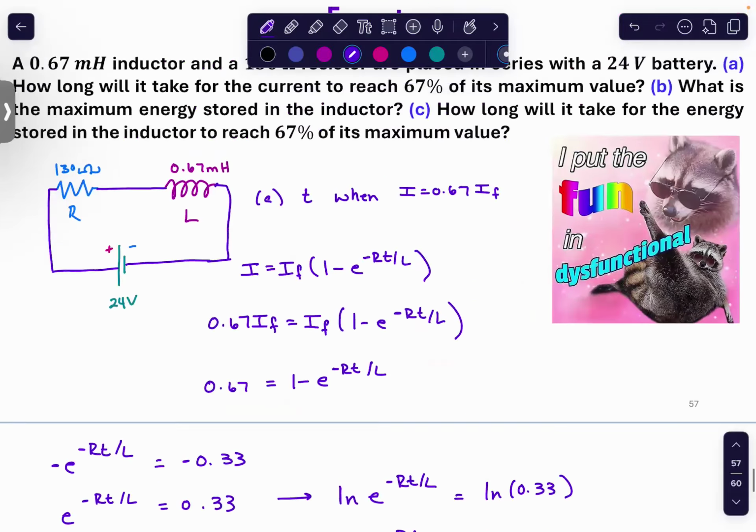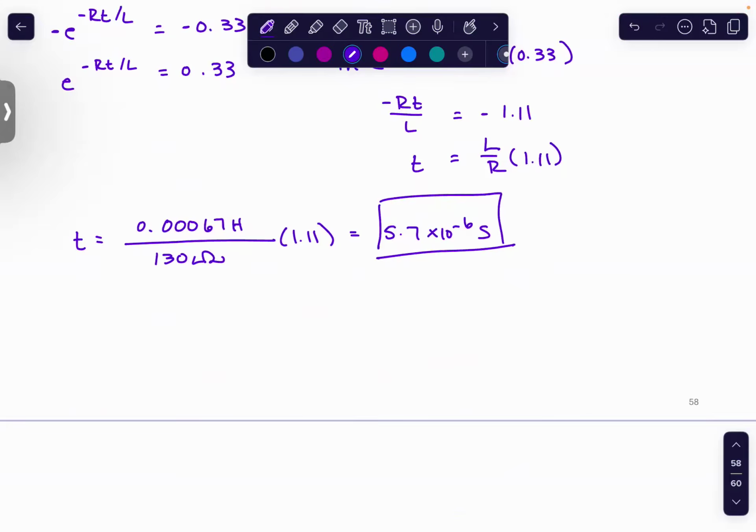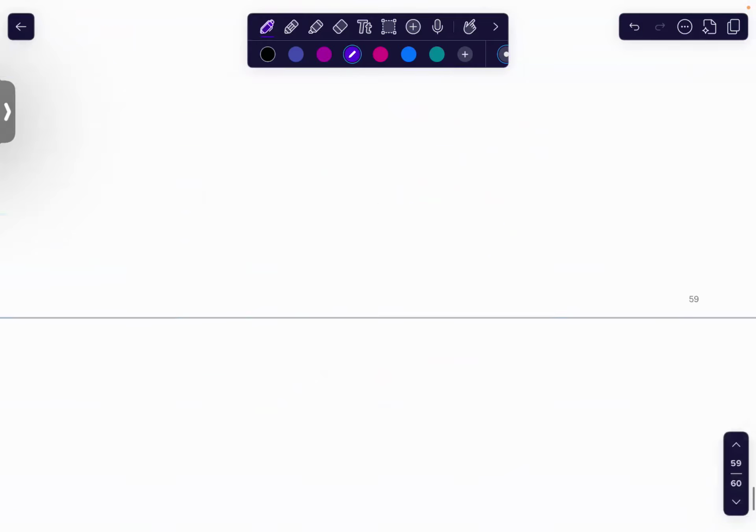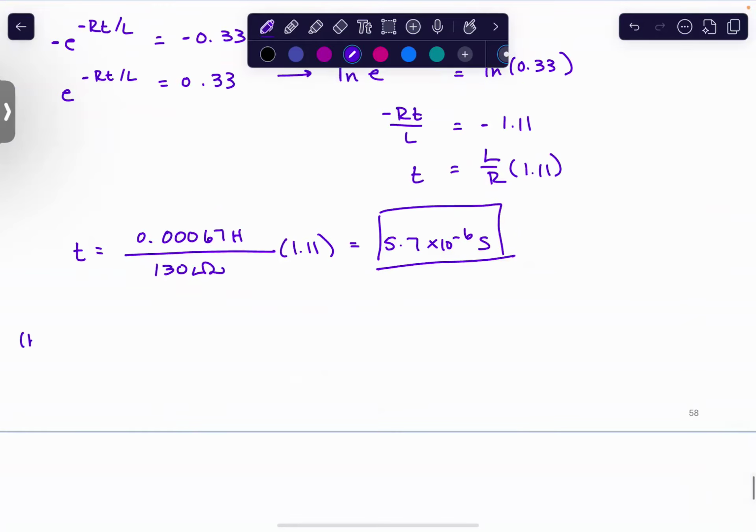Okay, what does B ask us for? What is the maximum energy stored in the inductor? Okay, well, we are looking for one half L I squared, where I is E over R. Where did I get that I equals EMF over R? It's Ohm's law.